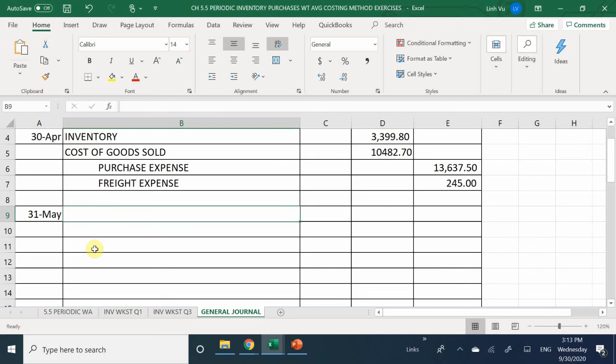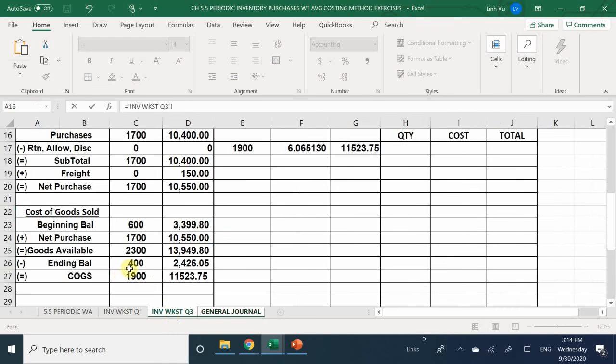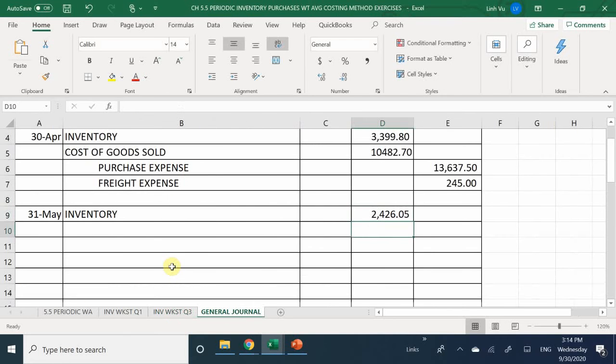Okay, we're going to do inventory. Good. Is it going to be for the balance of the 2,426.05? Yes, because that's our ending inventory. That's the amount of items that were actually there in my inventory.